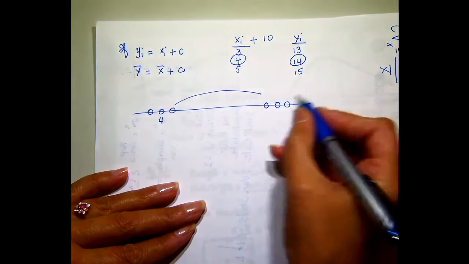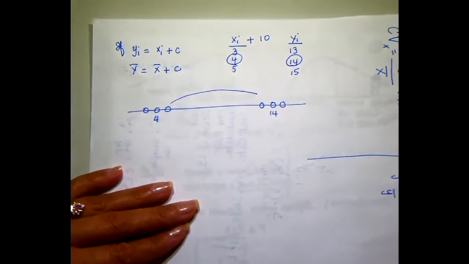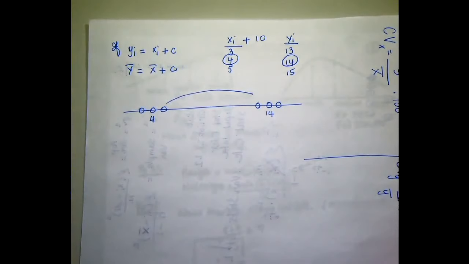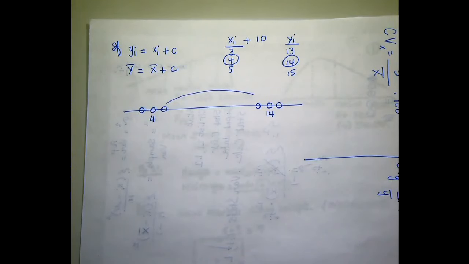And add 10 to 5, you're going to get 15. The new mean is 14. I already know that from last week, right? Today I'm asking you, what do you think happens to the standard deviation, where the standard deviation is the amount by which the data varies from the mean on average? That's the definition of standard deviation. How much does the data vary from the mean?